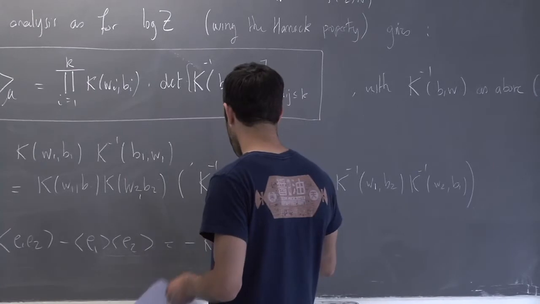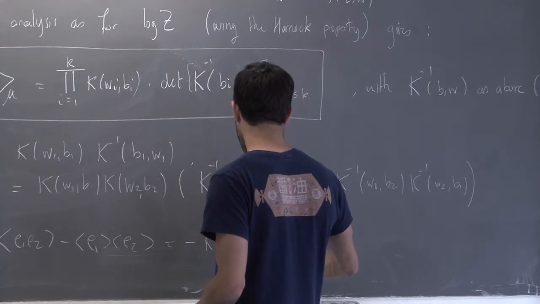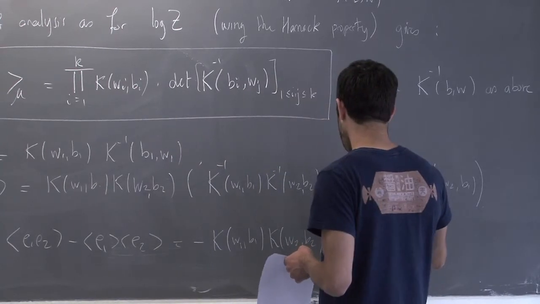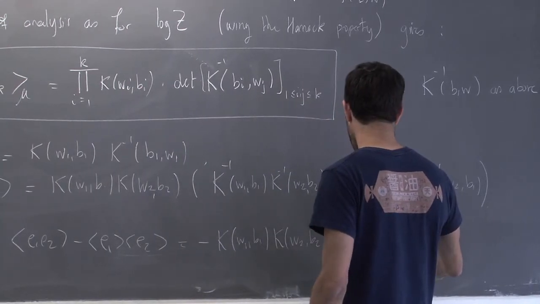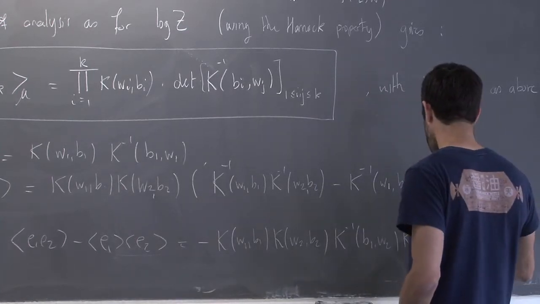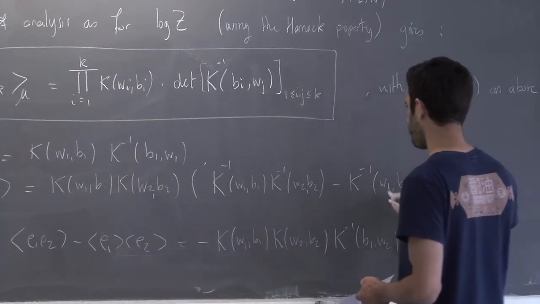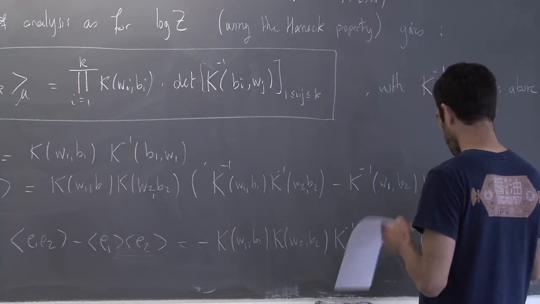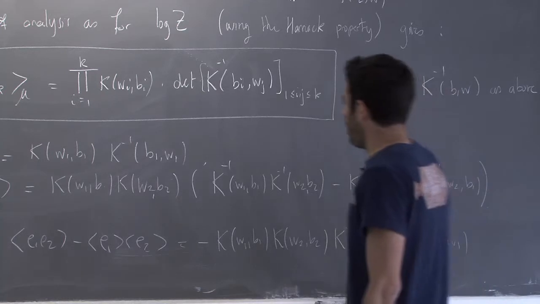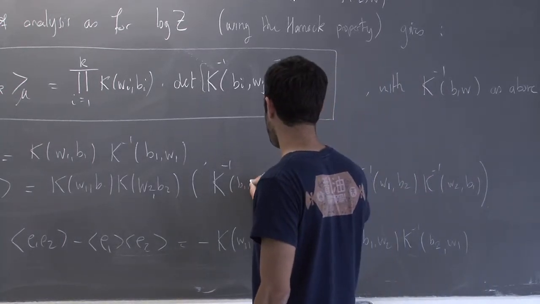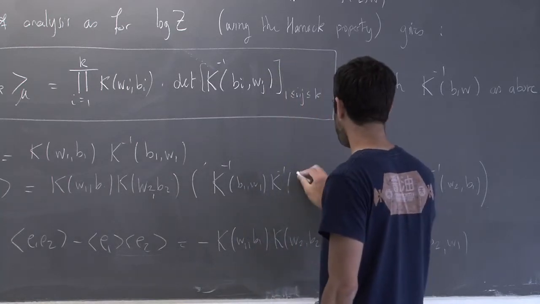Minus K W1B1, K W2B2, K inverse W1B2, K inverse B2, oops, there's a mistake here. Wait. B2, W1. Sorry, here. Okay. I put always the B's and W's in the wrong order.